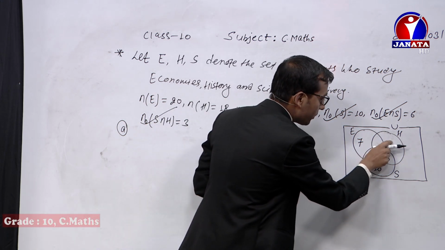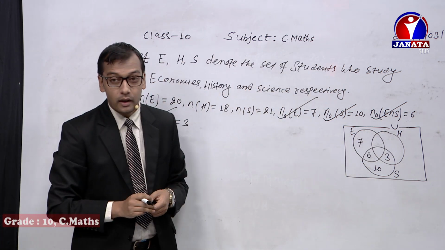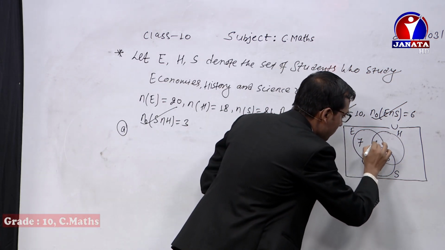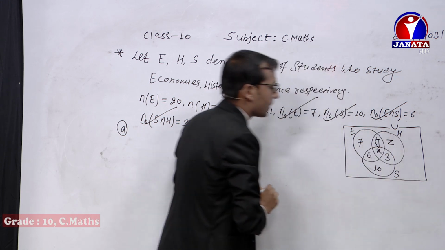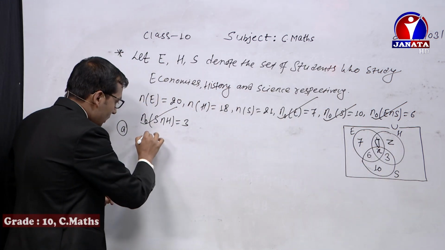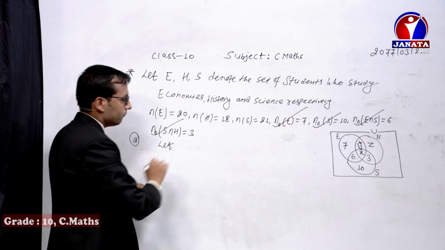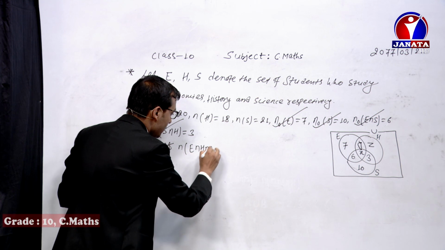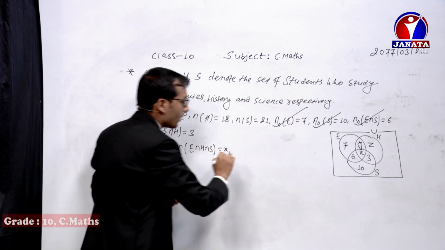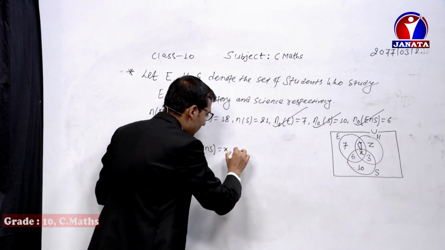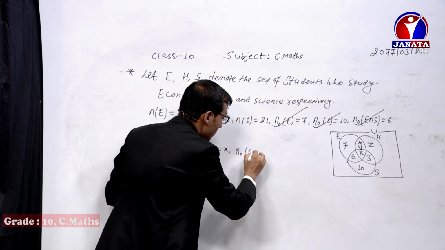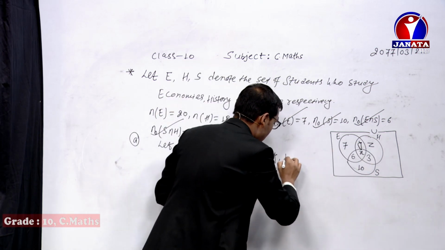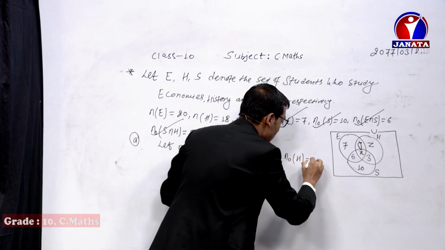Let's suppose these 3 different regions: the common region of the 3 subsets is X, suppose this is Y and this one is Z. So let N of E intersection H intersection S be X, N only E intersection H be Y, and what is Z? This is N only H, Z.